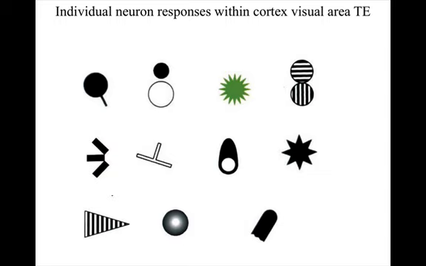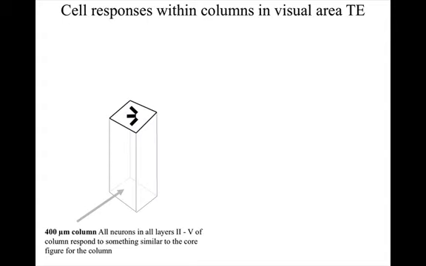Now, one obvious comment is that these receptive fields don't correspond with categories of visual objects, even though TE is important for identifying such categories. If pyramidal neurons in nearby locations in the cortex are probed, it's found that all the cells in a column with a diameter of about 0.4 millimeters have similar, although not identical, receptive fields.